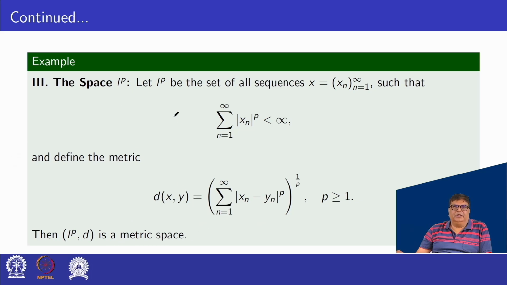We have already discussed the same example: summation i equal to 1 to n of |xi minus yi| power p, whole power 1 by p. Here we extend the terms from 1 to infinity with the condition that the sum is less than infinity. So we can prove it easily as per that example.